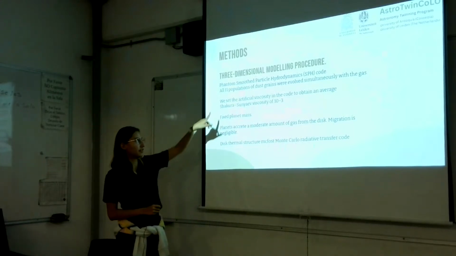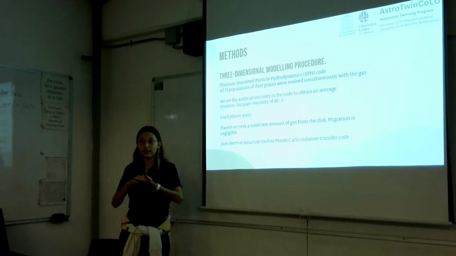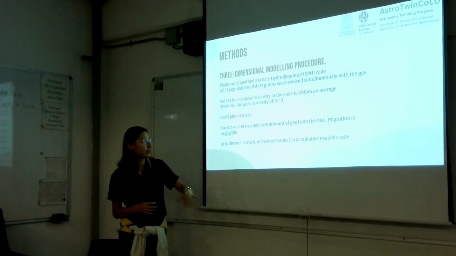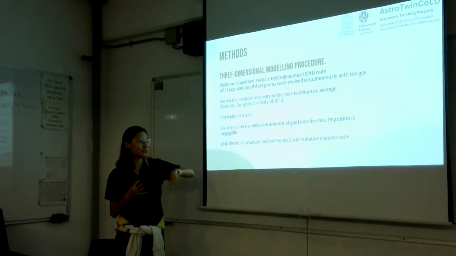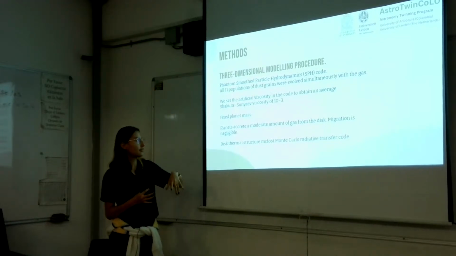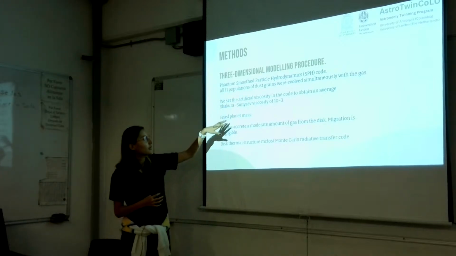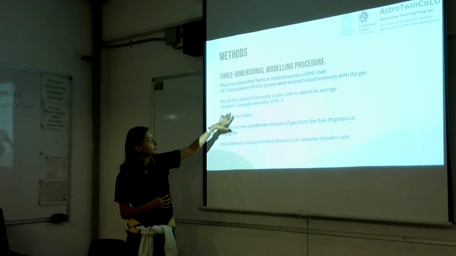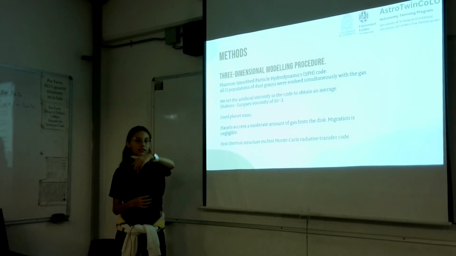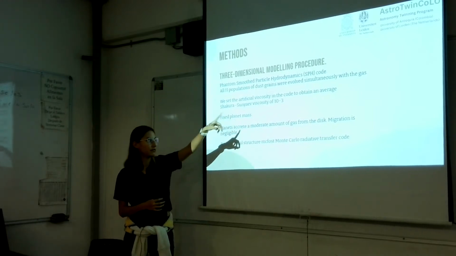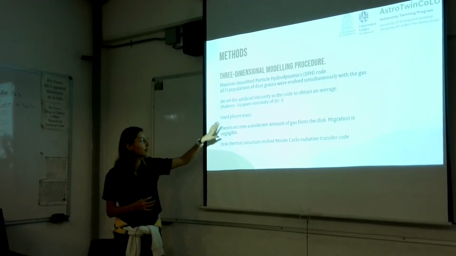They did a 3-dimensional modeling procedure in which they divided the particles into 11 groups and evolved all of these groups simultaneously with the gas, using the Phantom code. And they set the artificial viscosity to find the Shakura-Sunyaev viscosity parameter that was mentioned in other papers.